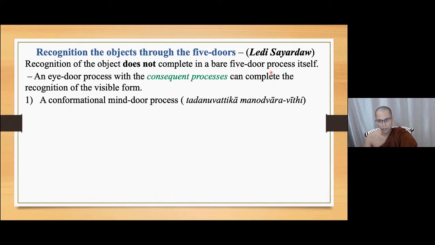Now you see the difference. At the beginning, the visible form comes to strike through the visible door, through the physical door, the eye-door. And then after the eye-door process, the mind-door process, Manodara, arises.